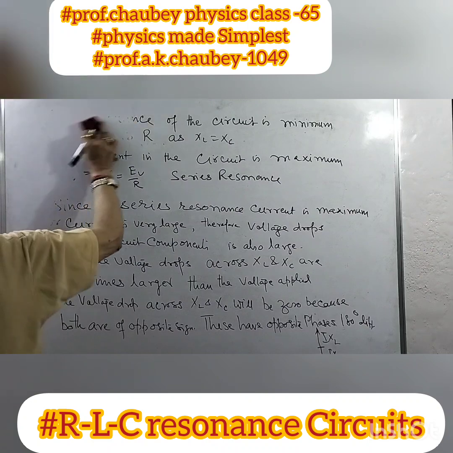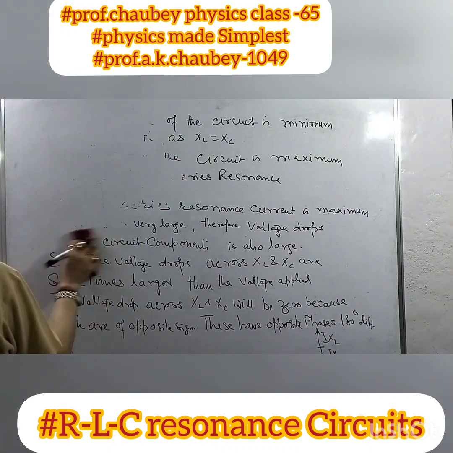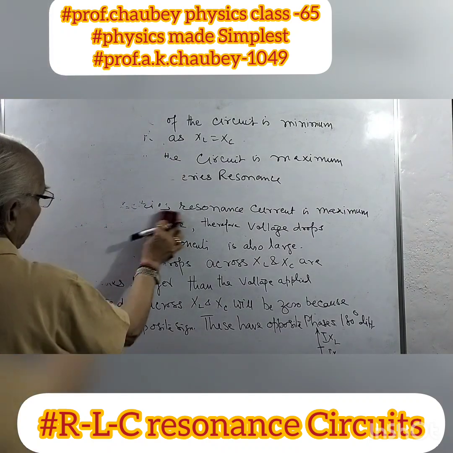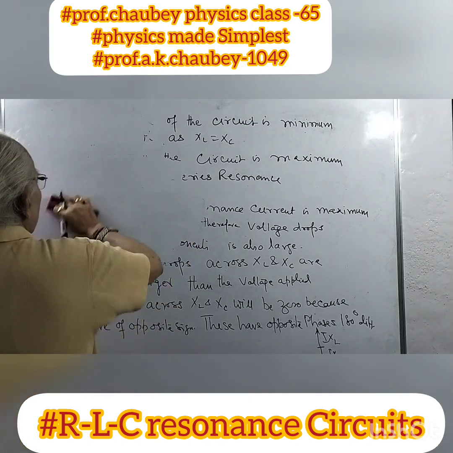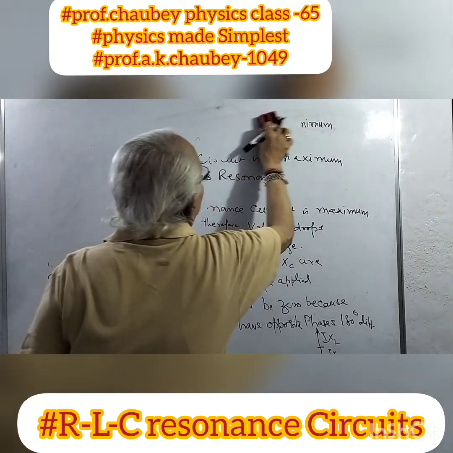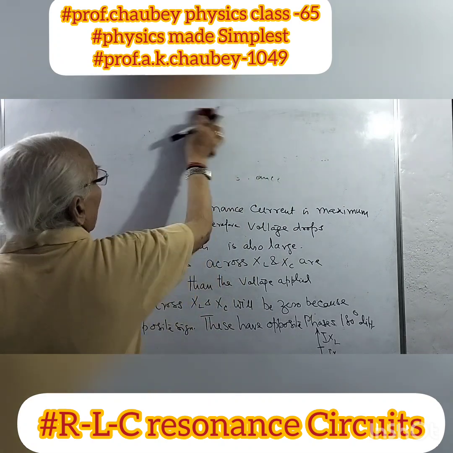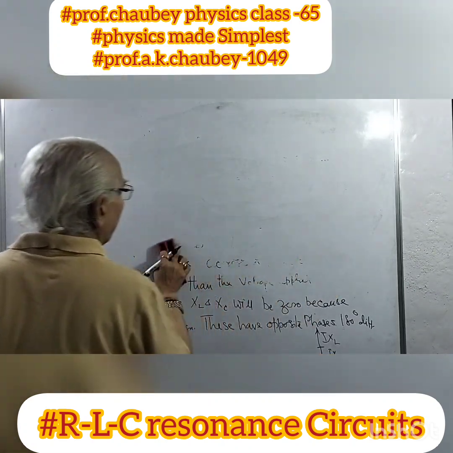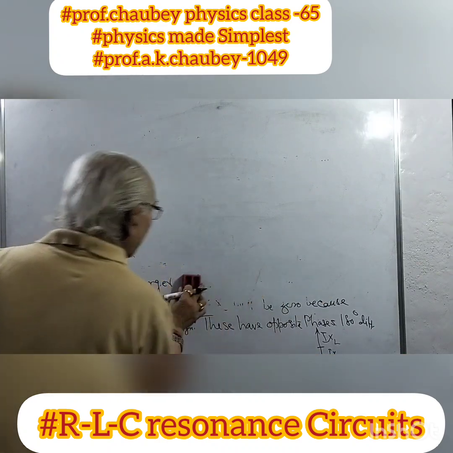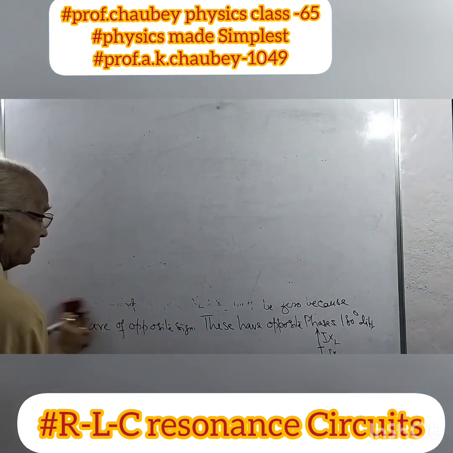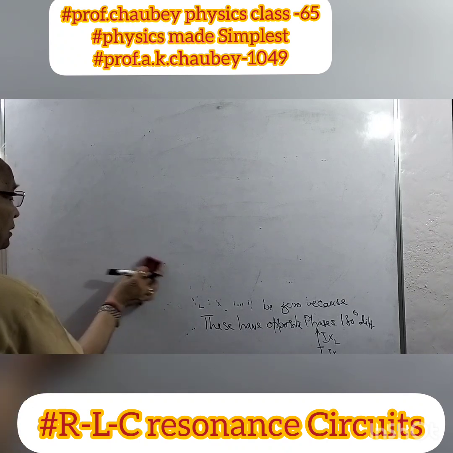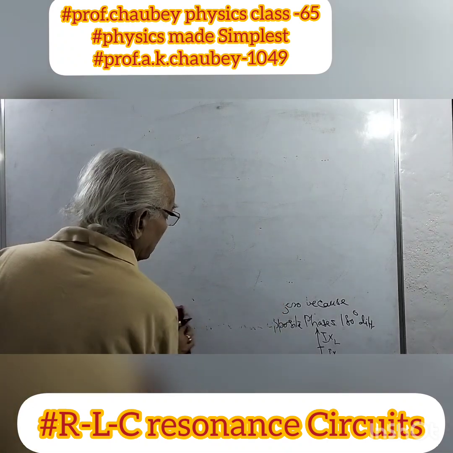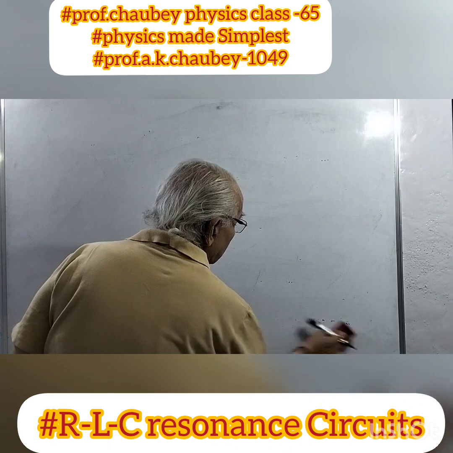So remember, if you have input voltage of different frequencies, you connect voltage sources of different frequencies, vary F. Accordingly the current will vary, and at a certain frequency the current will be maximum, and that is called the resonance frequency.